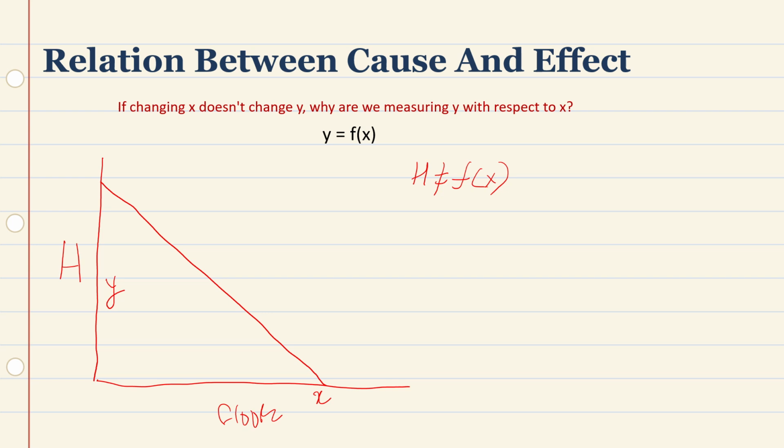Now ask the question, if I move the ladder left or right, is it going to change the height that I can reach on the wall? The answer is absolutely. Visually, if I move this ladder to the right, that means now I can only reach a smaller height, whereas if I move the ladder left, I can reach a greater height.